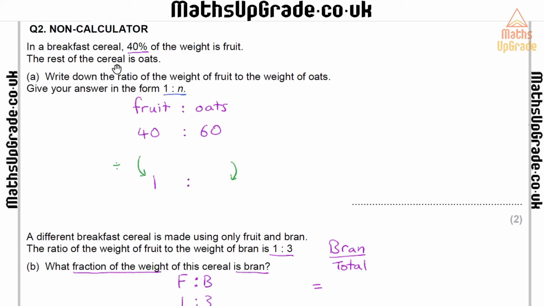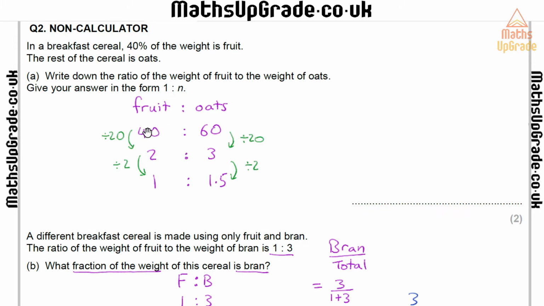So since 40% is fruit and the whole amount is 100%, oats must be 60%. So the ratio of fruit to oats must add up to 100, so it's 40 to 60. And now, since I've got to have a 1 on the left hand side representing fruit, I need to divide this 40 by itself. So I need to do 40 divided by 40.